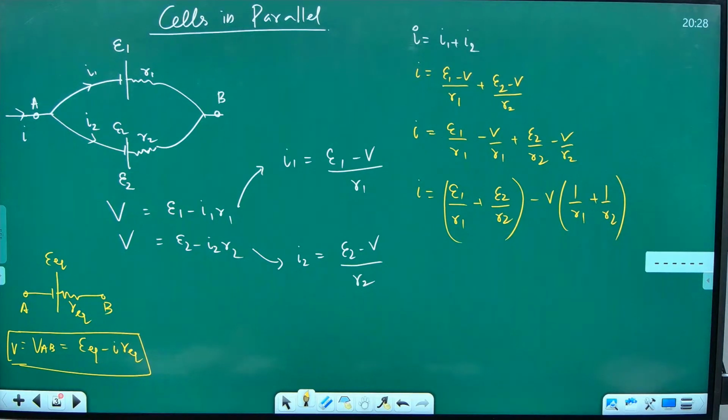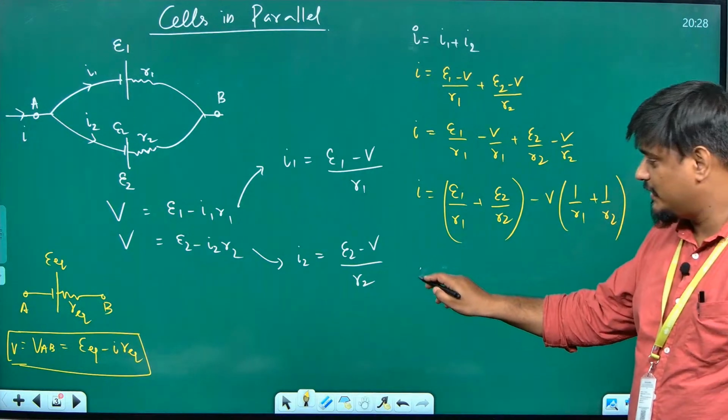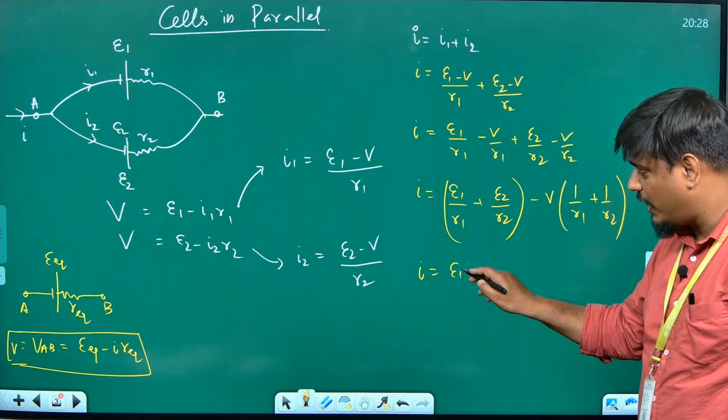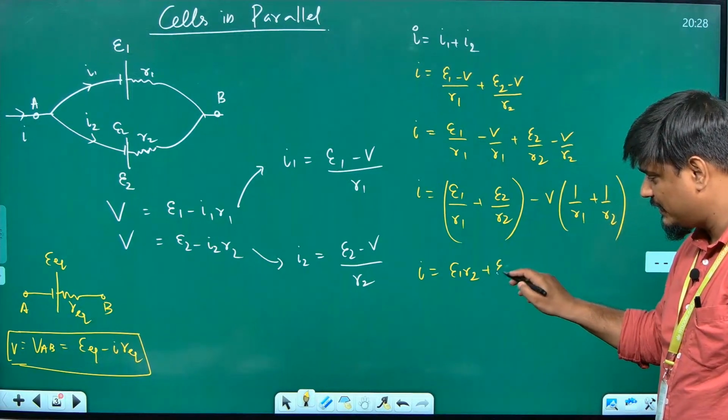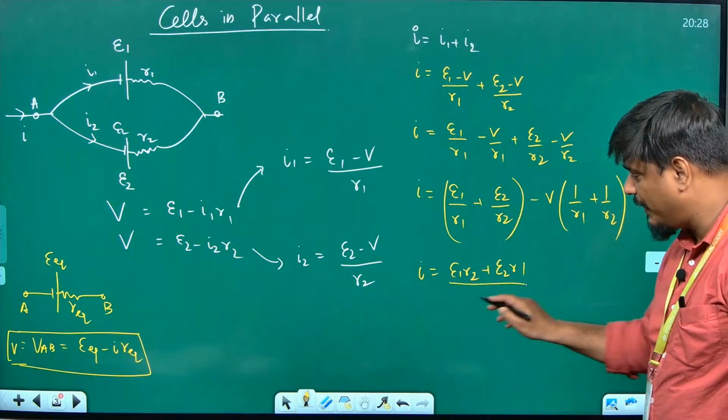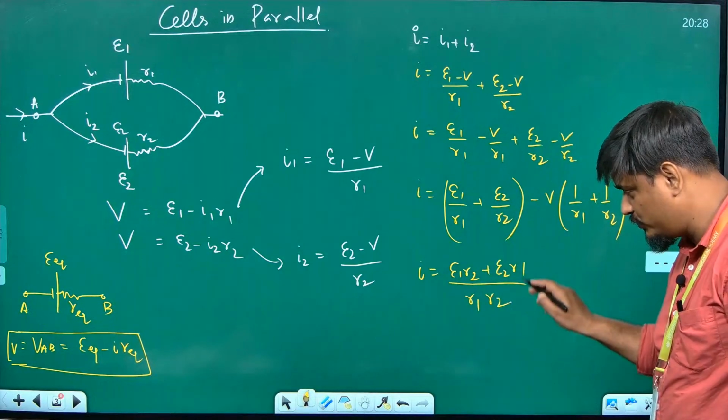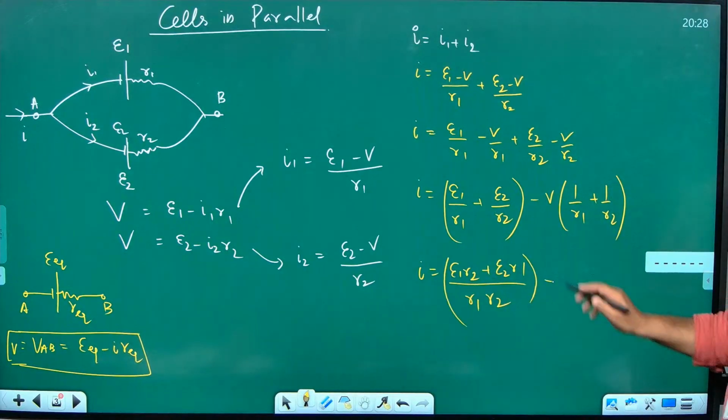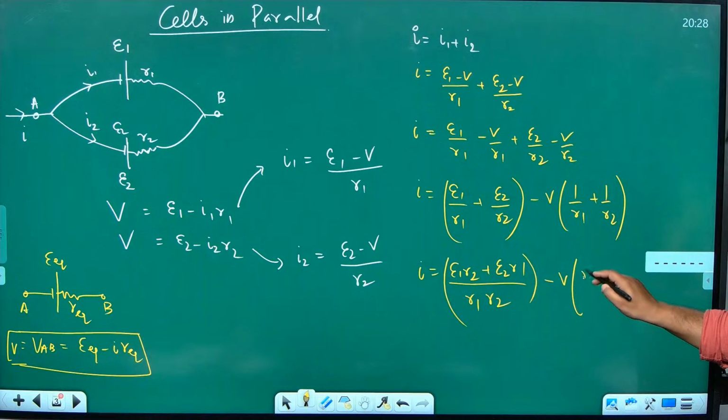So I is equal to E1 R2 plus E2 R1 by R1 R2 minus V into R2 plus R1 by R1 R2.